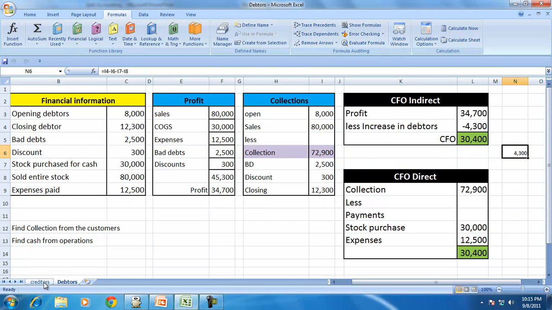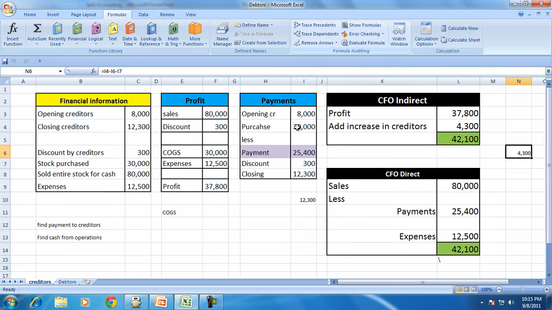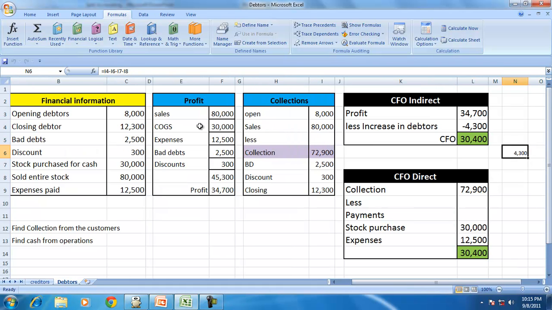So in the indirect method of calculating, we don't get into the details of the payments and the purchases and the payments or discount received, but we try to capture that by seeing the opening and closing data. So the difference between the opening and closing creditor in this case, and in the previous case the debtors, captures the transactions affecting them.